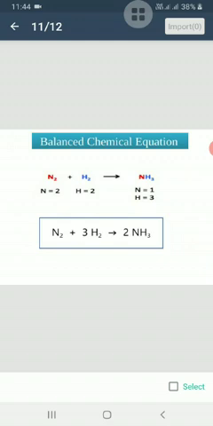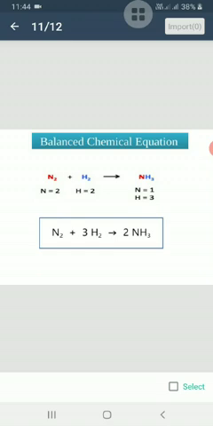On the left hand side we have 2 atoms of nitrogen and 2 atoms of hydrogen, but on the right hand side, on the product side, you can see we have only 1 atom of nitrogen and 3 atoms of hydrogen. So left hand side is not equal to right hand side. It means our equation is not balanced. We have to balance it.